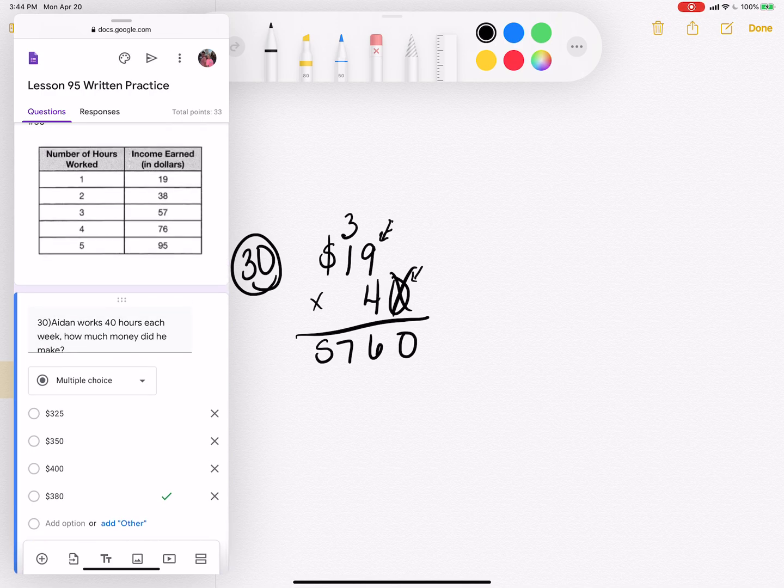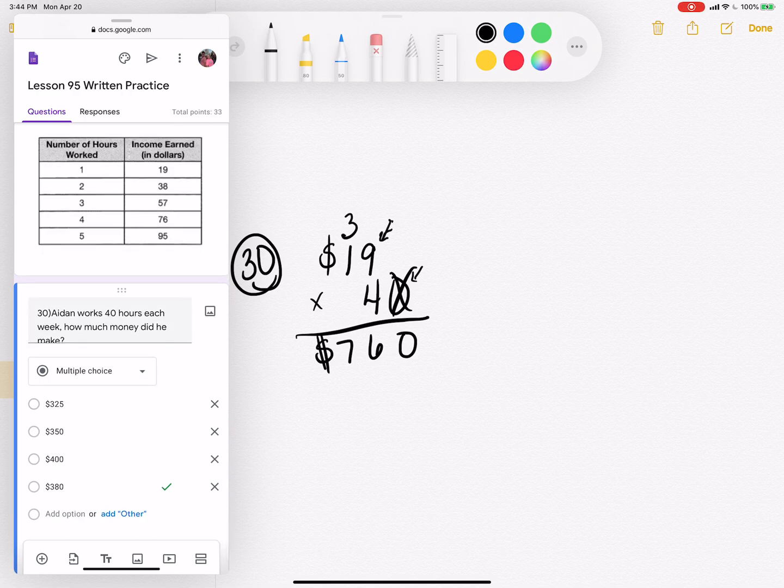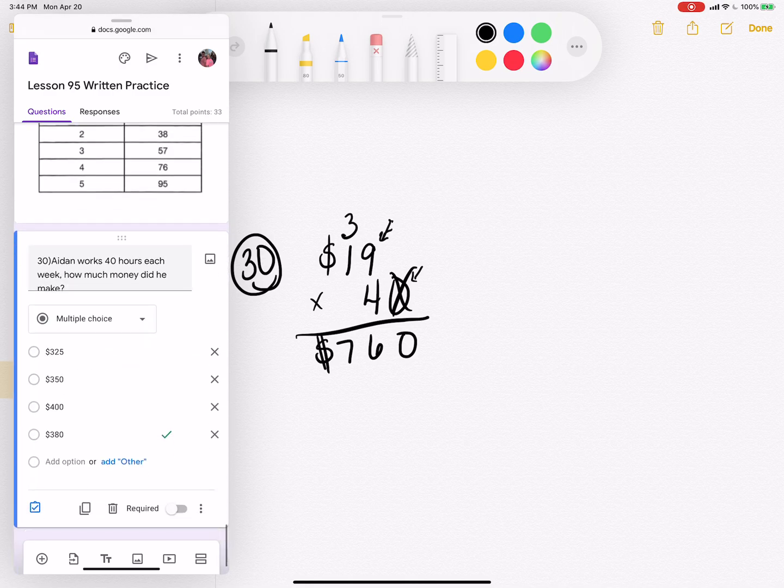Let's see what I did wrong. Because I did something wrong, didn't I? Nope, it's just the options this time. I think I did that right. Let me do it one more time just to be sure. 19 times 40.